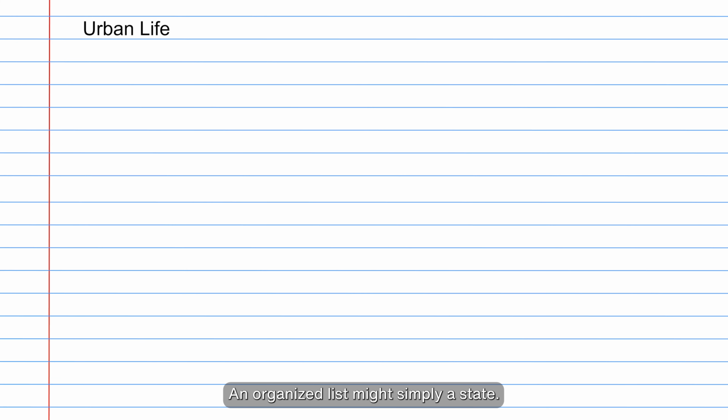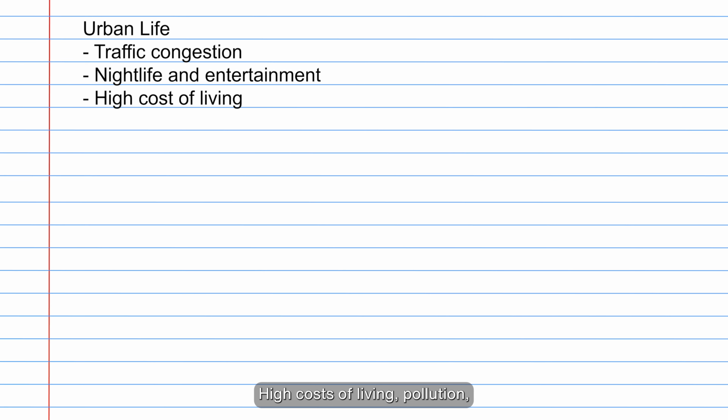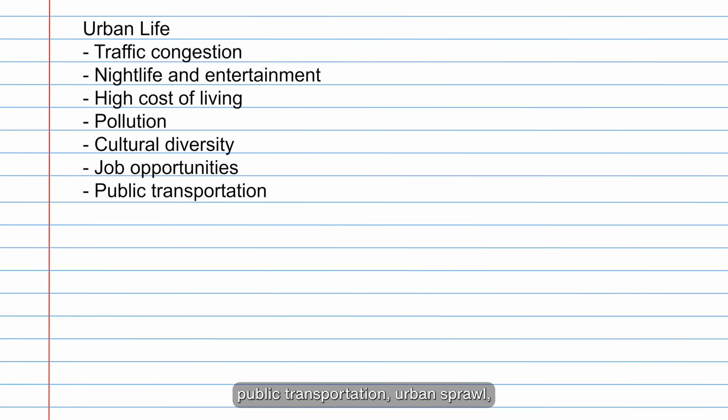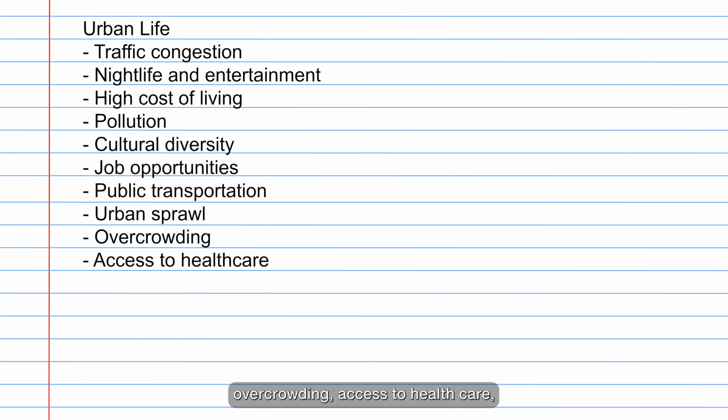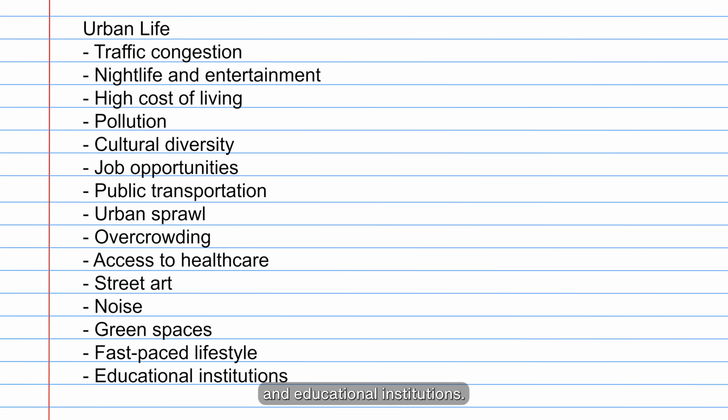An unorganized list might simply state: traffic congestion, nightlife and entertainment, high costs of living, pollution, cultural diversity, job opportunities, public transportation, urban sprawl, overcrowding, access to healthcare, street art, noise, green spaces, fast-paced lifestyle, and educational institutions.